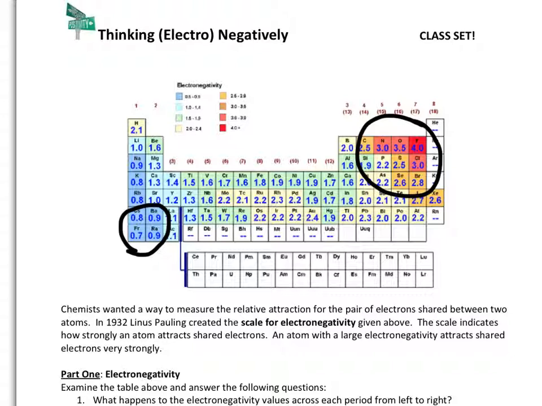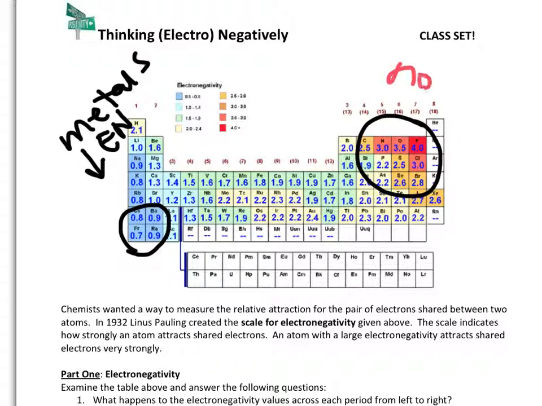For the most part, metals on this side have low electronegativity, and nonmetals over here have high electronegativity. And that, remember, is the attraction for electrons.